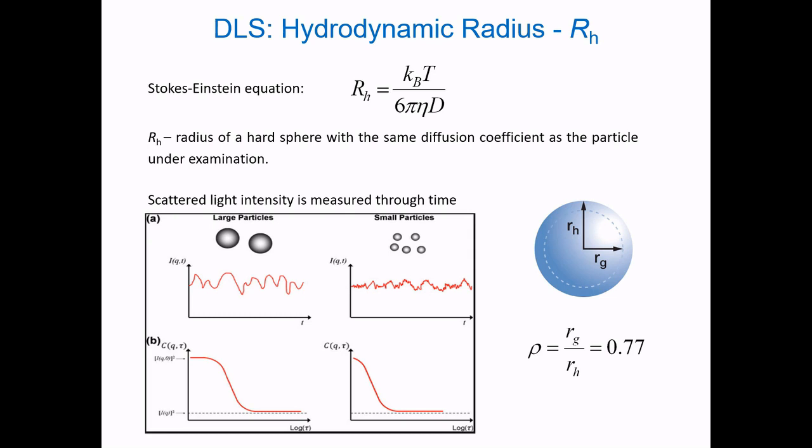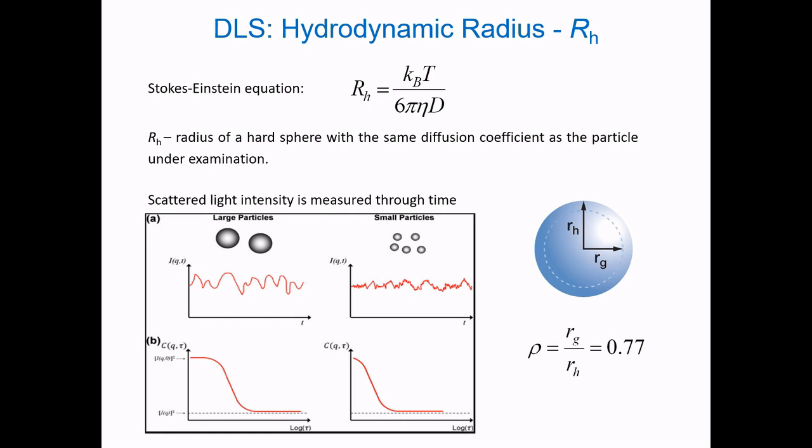On the other hand, hydrodynamic radius is determined by dynamic light scattering by measuring the intensity of scattered light as a function of time. From the thus obtained correlation function, we can directly extract information on the diffusion coefficient, and the diffusion coefficient is further correlated to the hydrodynamic radius by the so-called Stokes-Einstein equation.